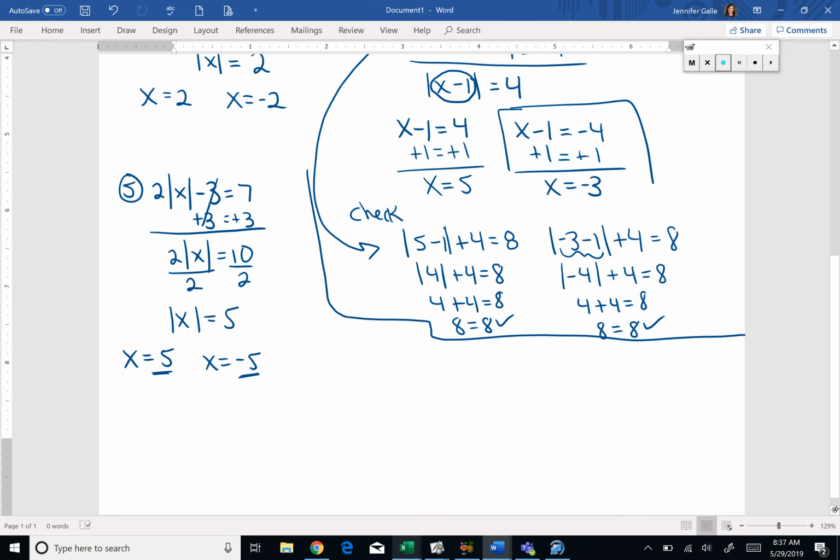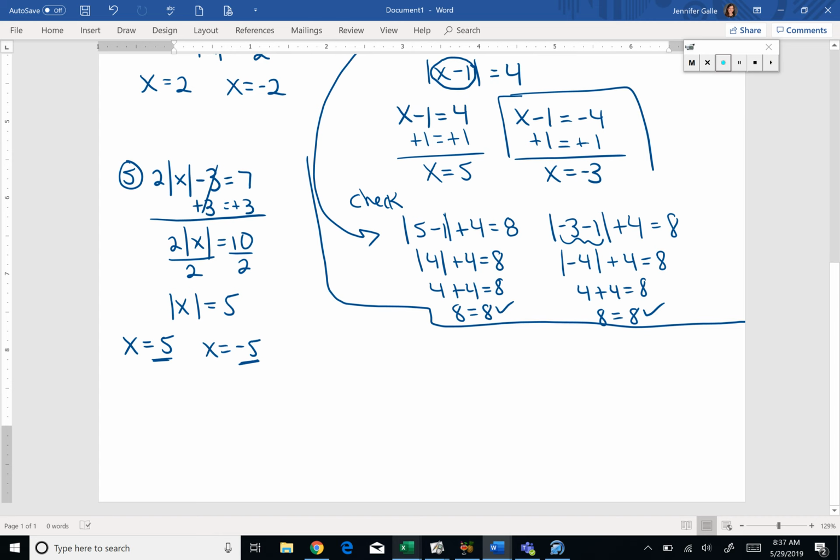Let's try. I've got space for 2 more. So let's do number 6. I'm going to squeeze it in right here, guys. Let's do negative 4, negative 1/2.